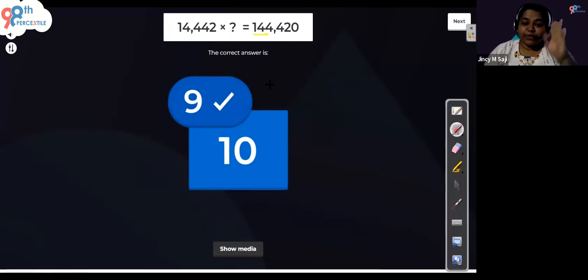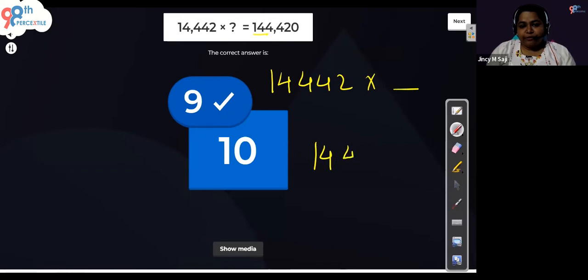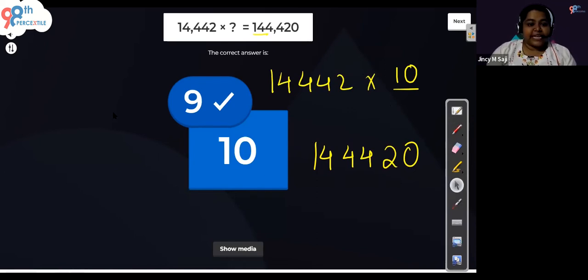We learned this in the previous question also. What is extra here? There is one more zero here. And we learned if one more zero is extra, that means it has to be multiplied with 10. That's how we do this one. It was just another way of doing the previous question, the same type of question. Clear, everyone? Give me a thumbs up if it is clear to everyone.